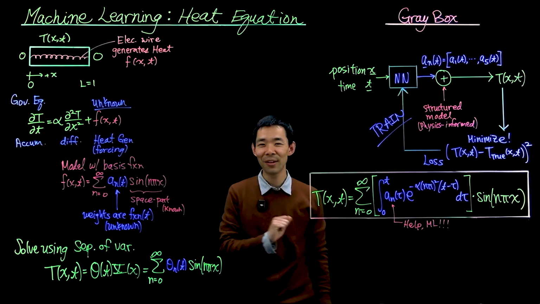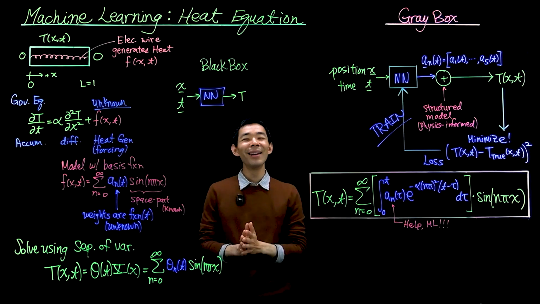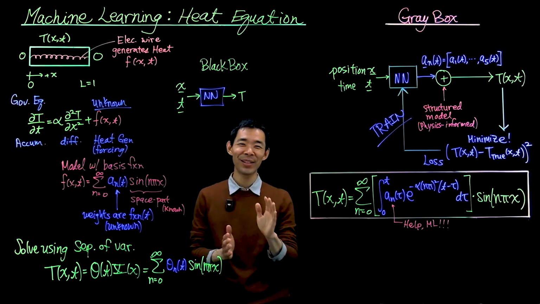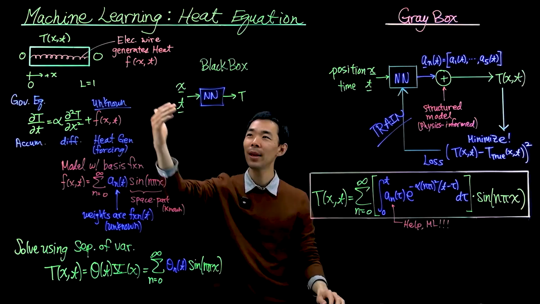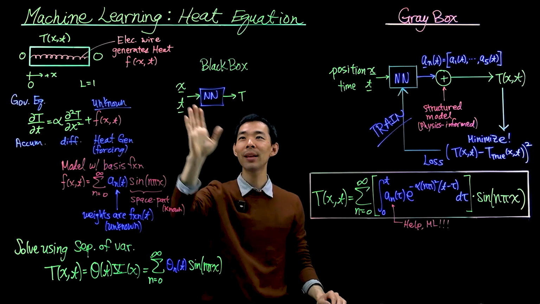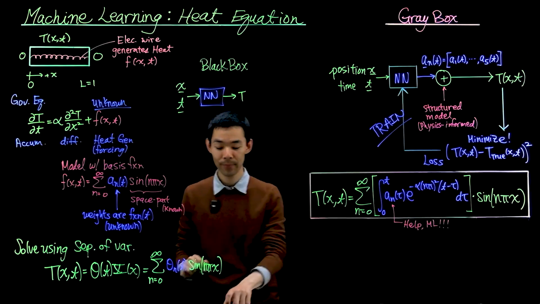Okay, let's graphically illustrate what I just said. So earlier, I showed you an example that ignores all the physics and uses a black box model. Inputs position and time in, neural network learns everything and gives you out temperature.